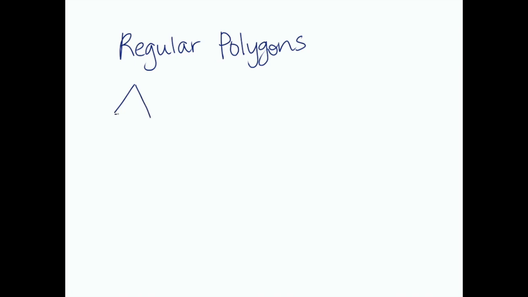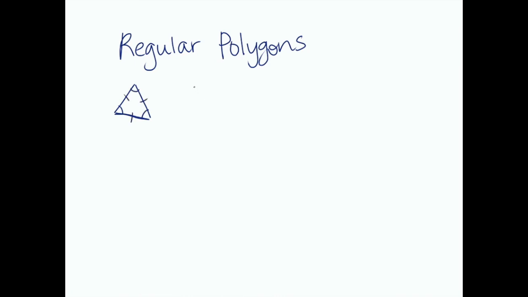The last bit I want to go over is something that we call regular polygons. I think of them as perfect polygons. If you have a triangle, the most pleasing triangle to look at, to me, would be the equilateral triangle: equal angles, equal sides.